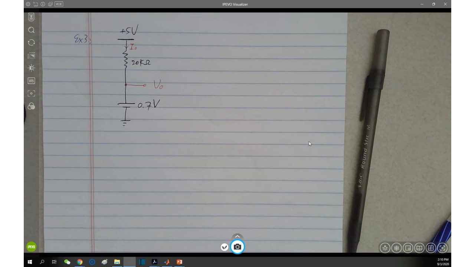However, this is nothing but a closed circuit. Because otherwise, it would be open loop, right? Anyone knows what is meant by open loop? Say that again, Josh. Infinite resistance. And therefore, what's the consequence?